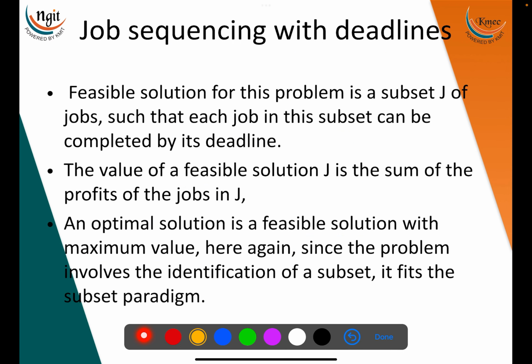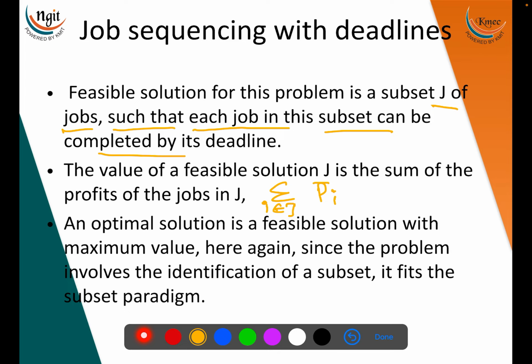Now, a feasible solution for this problem is a subset J of jobs such that each job in this subset can be completed by its deadline. The value of a feasible solution J is the sum of the profits of the jobs in J, that is, the sum over i belonging to J of pi.